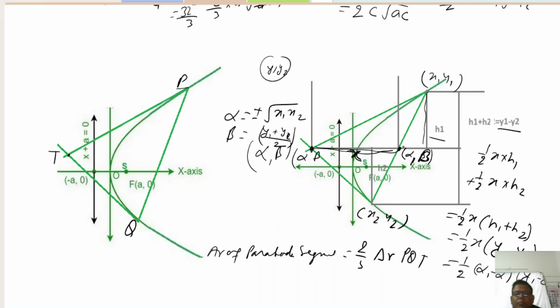So basically you have to find the points of intersection of this point, this point, this point, and this point. Then you will be able to calculate the area of that triangle, and in that area of the triangle you multiply 2 by 3. Let us solve one question.